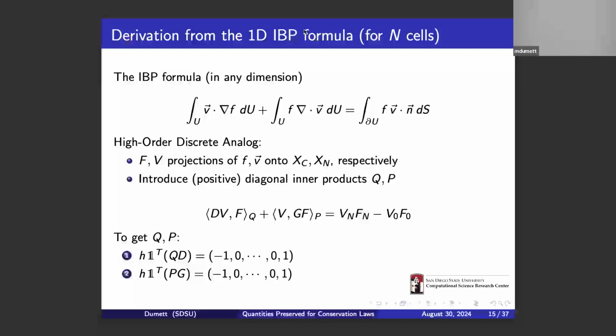And I want to actually satisfy this property in the discrete realm with high order accuracy. The only way to do that is to introduce some inner product weights, which are diagonal matrices with positive coefficients. So I know D and G, but I would like to find what the weights are.